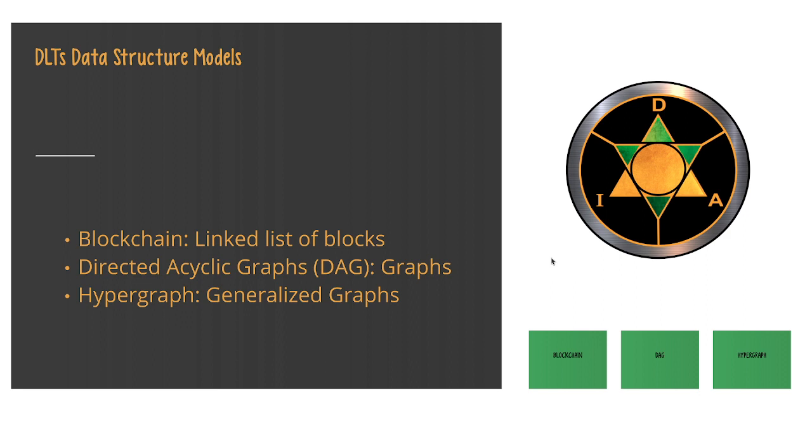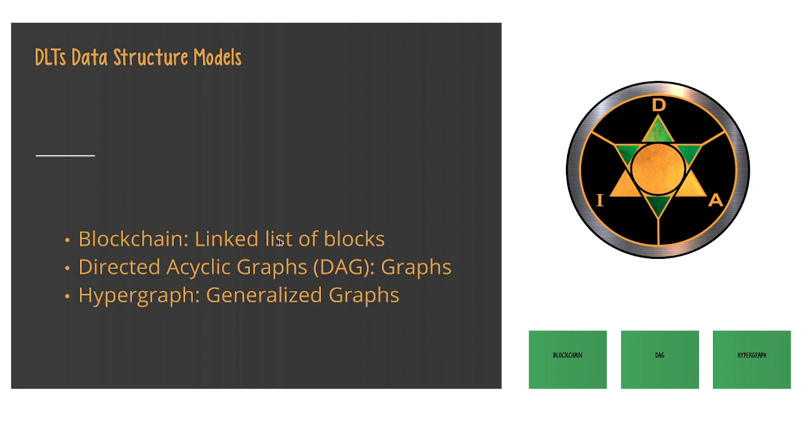Today we're going to talk about data structures, the different data structures that we see in distributed ledger technologies. There are basically three that I identified. There are obviously more, but these are the most significant, at least to me, I hope. Blockchains are the first one, and they are basically what we call a linked list, for those who have done a little bit of programming.